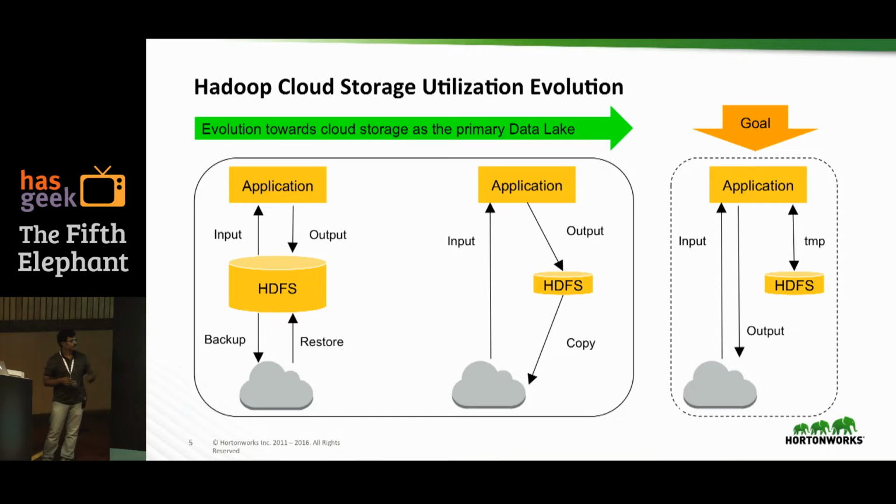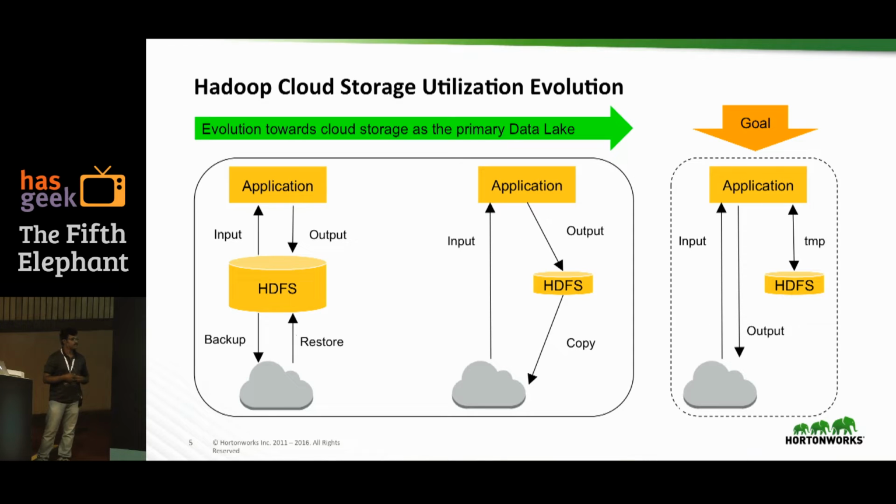The last diagram talks more about the end goal that we would like to head towards, wherein the data is directly read from the cloud storage by the applications, processed, and directly written back onto the cloud storage itself. But still, we would like to retain HDFS as a storage medium for storing the intermediate data.